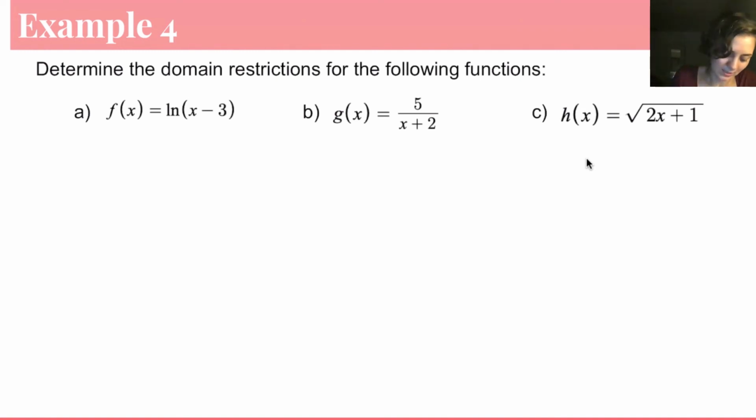Okay, so inside the argument, remember you need only positive numbers. So that means that x minus 3 has to be greater than 0. So the domain restriction for this function is that x is greater than 3.